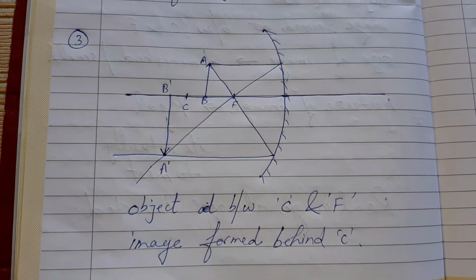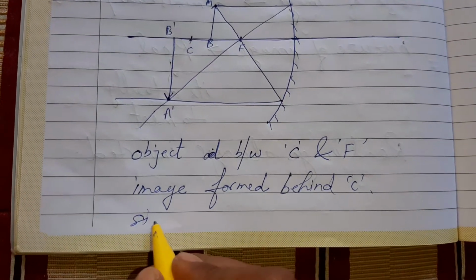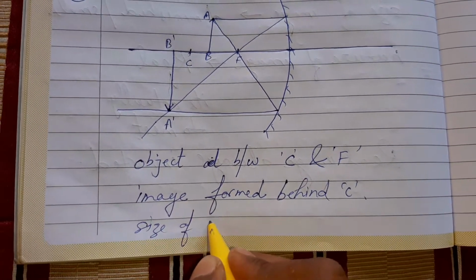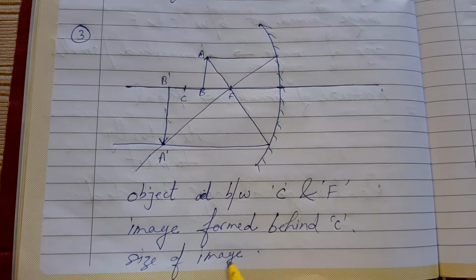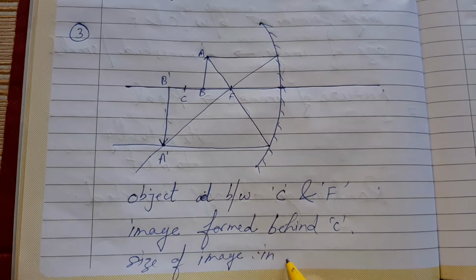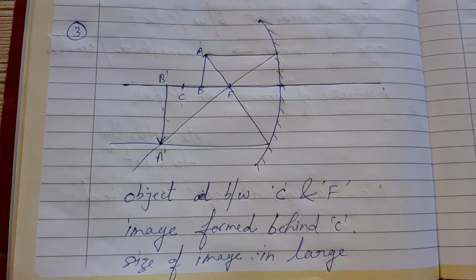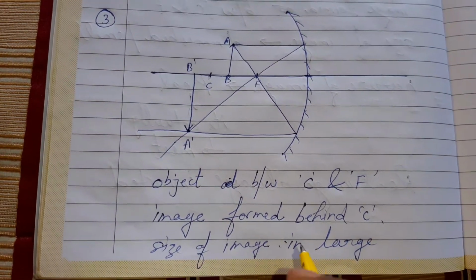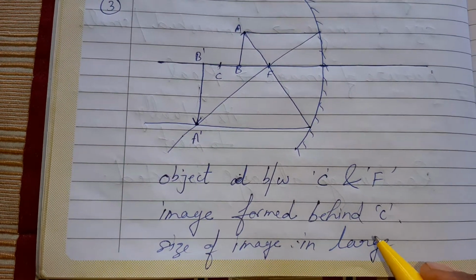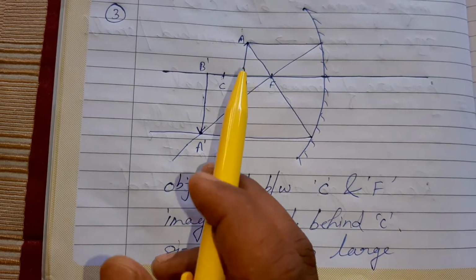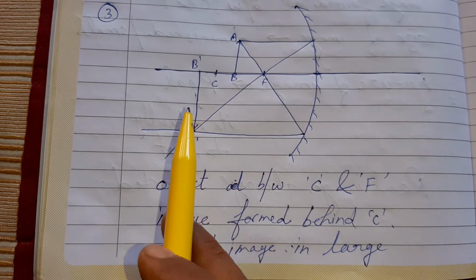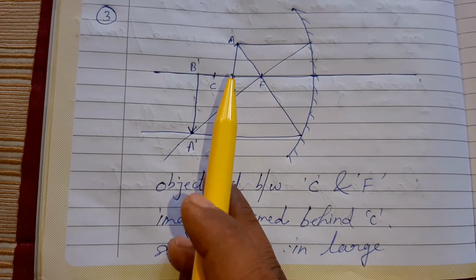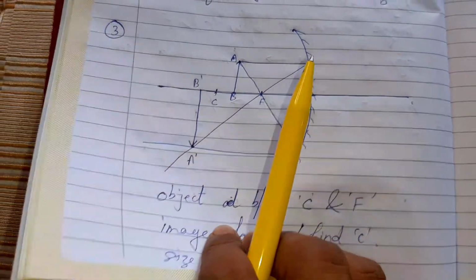And the size of the image is very important. The size of the image is enlarged. Here is the object and here is the image size. So the image size is more than the object. This is the third one.